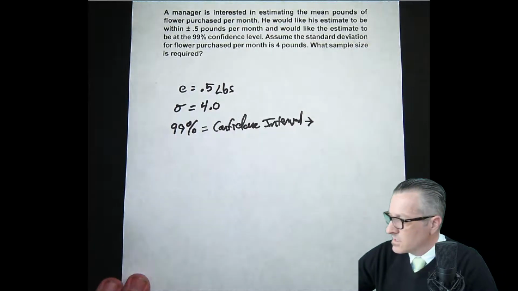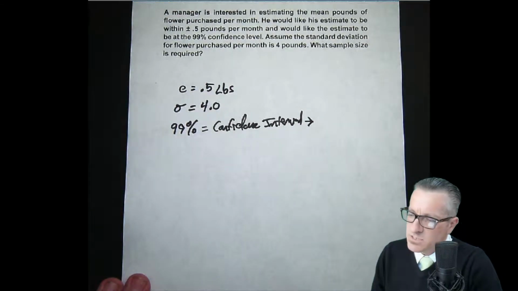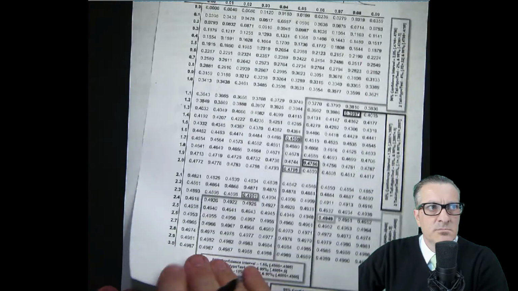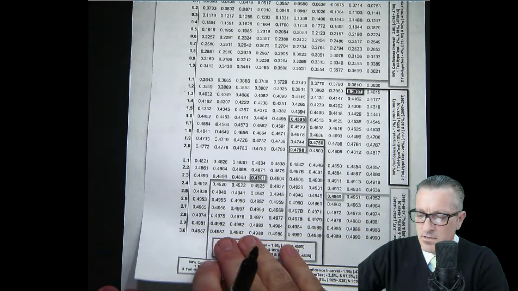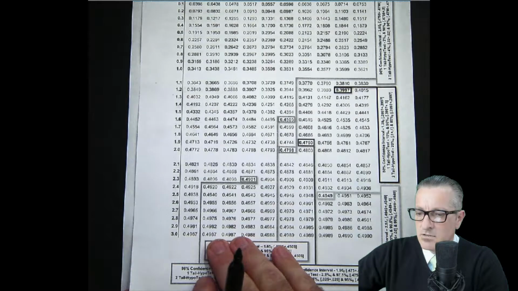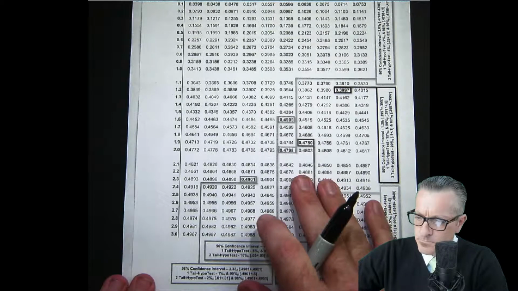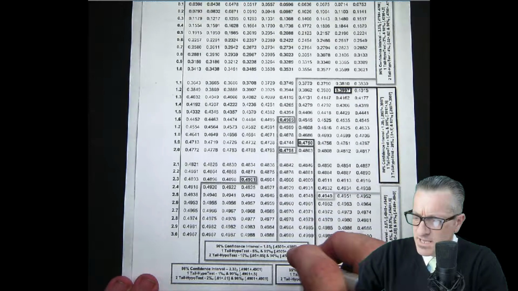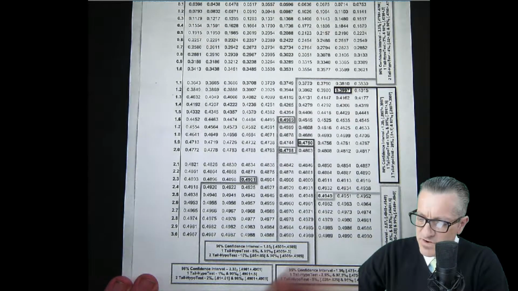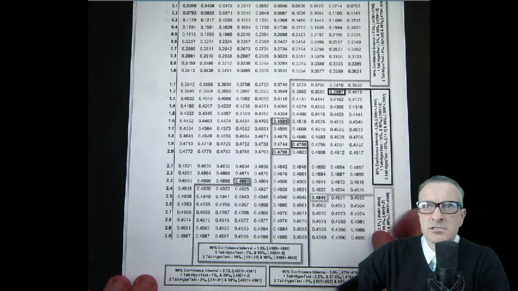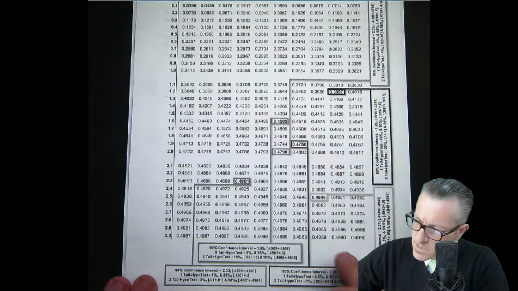And our z-score, let me get the table out. So we'd have 99% confidence interval, and I'm using what I'd call a modified alternative z-score, meaning it's a half table z-score. So what we do on this one is we are looking for our 99%.